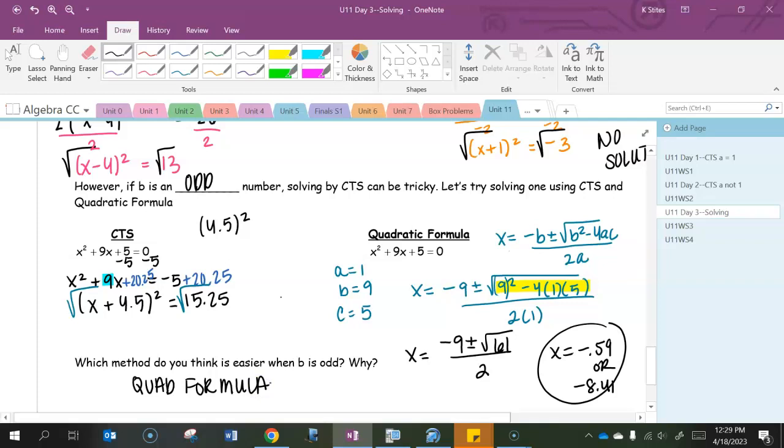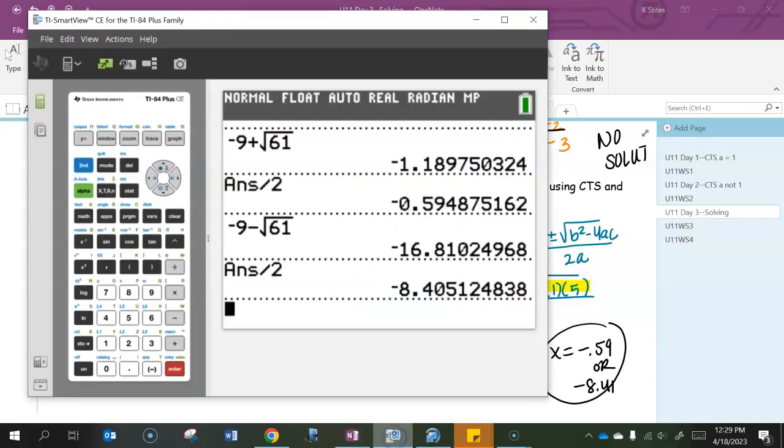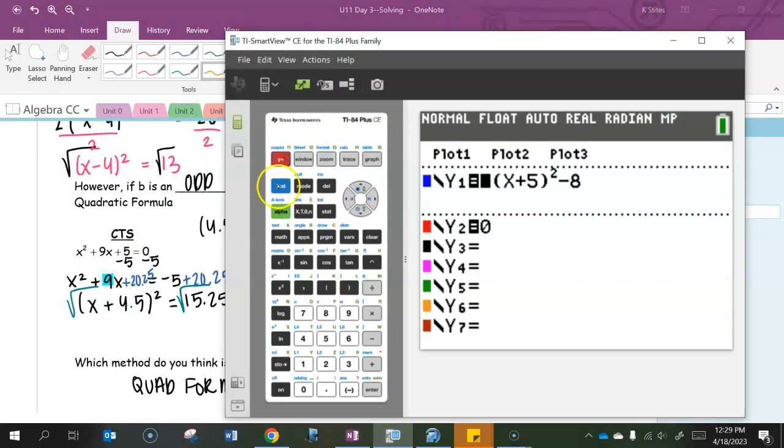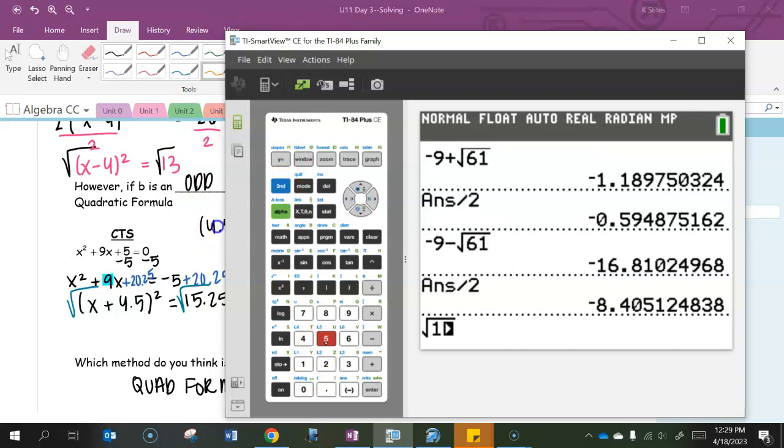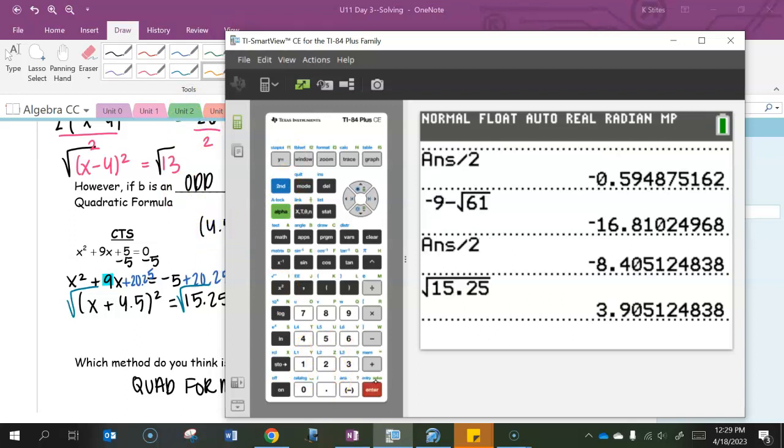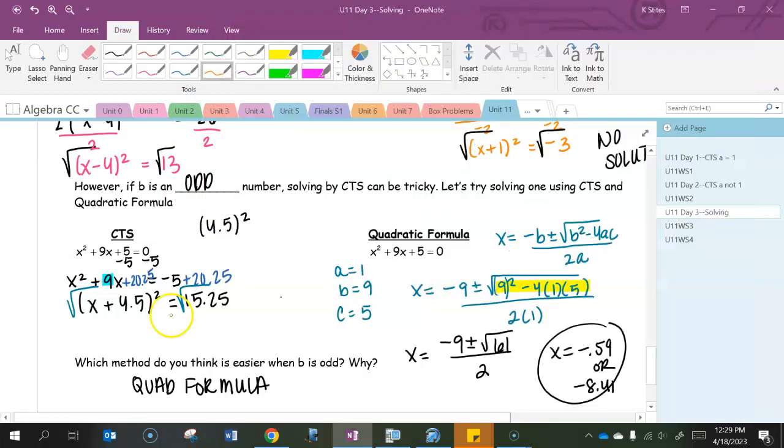You will end up getting the same answer. Okay, if I come back over here, if I square root 15.25, this is going to be plus or minus 3.91. Okay, and then you would have to subtract the 4.5 over.